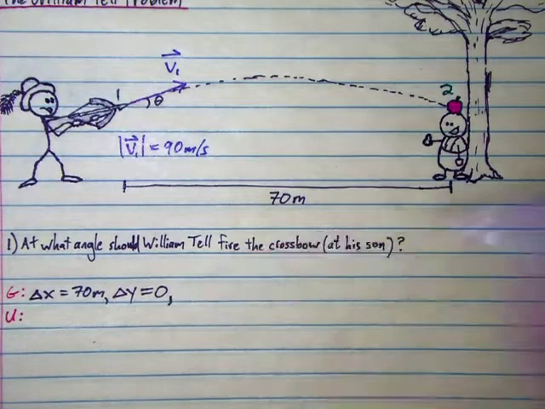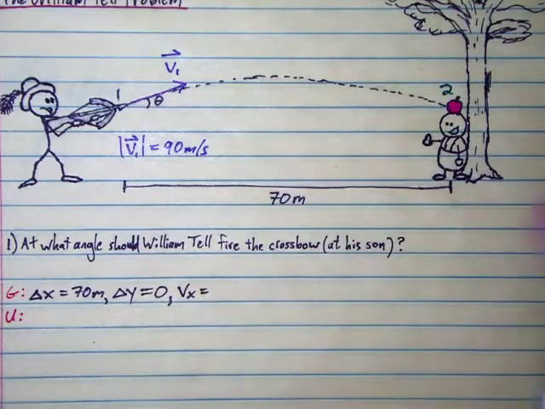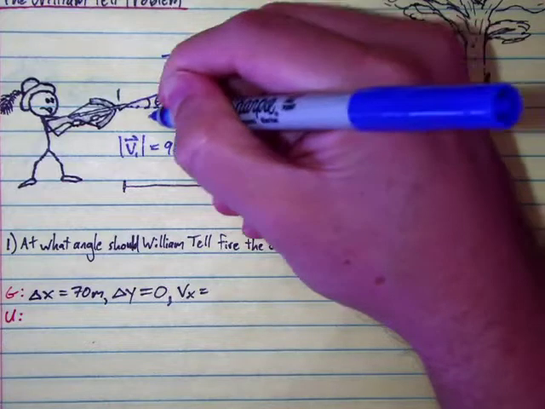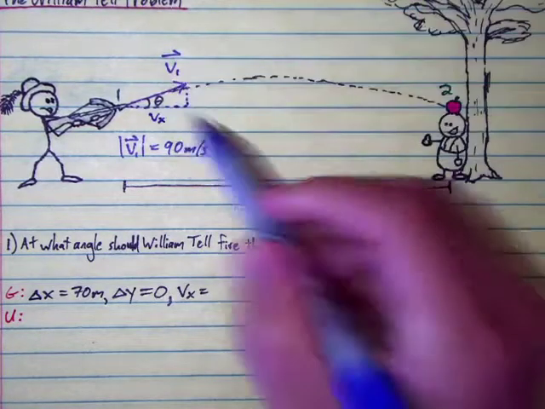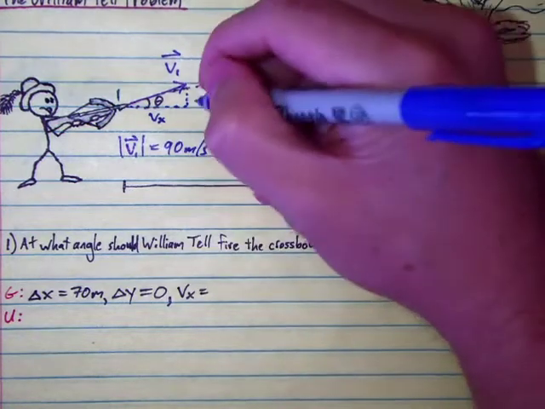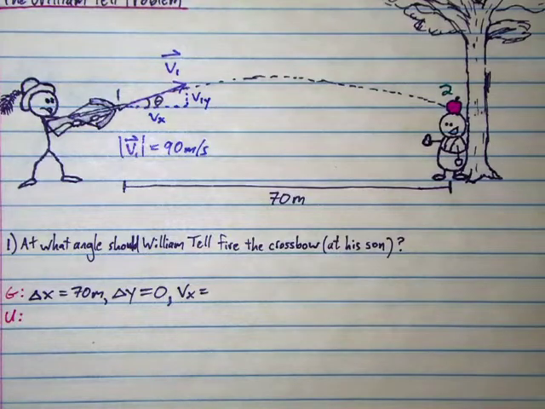We'll also know the x component of the velocity. Let's see if we put in our components to our velocity triangle here. There's Vx. We know that'll be constant at all moments while the bolt is in free fall. And then this is V1y, the y component of the initial velocity.